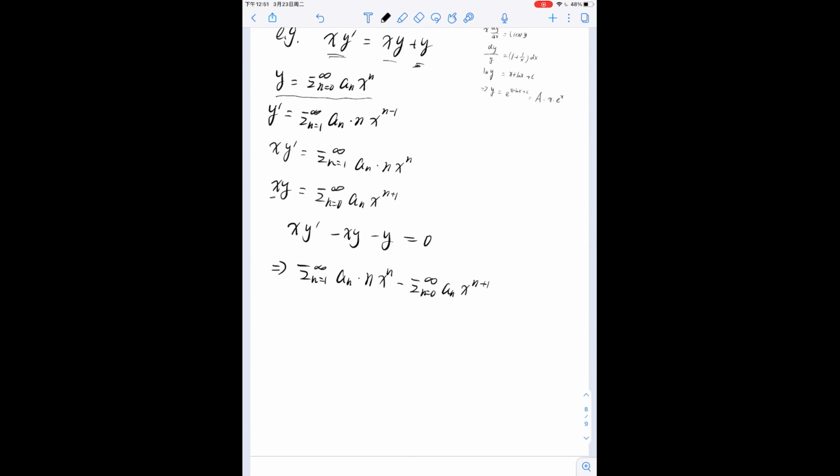Here we can use a change of index, shifting the index by 1, so it is the sum from n equals 1 to infinity of a n minus 1 times x to the power of n. So this is equivalent. We just use this shift to make our notation easier.